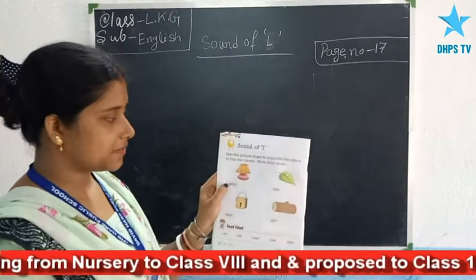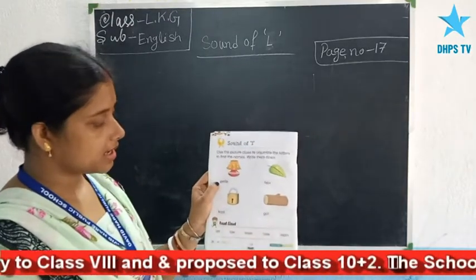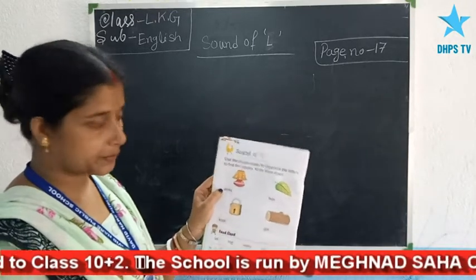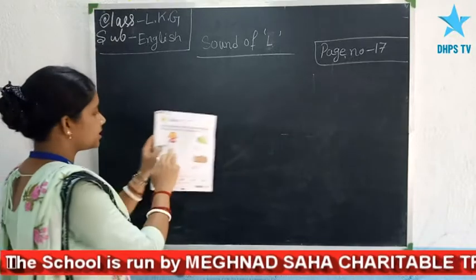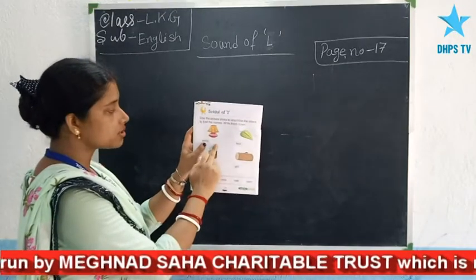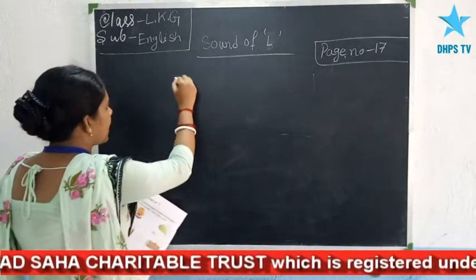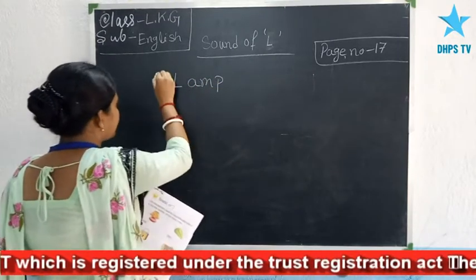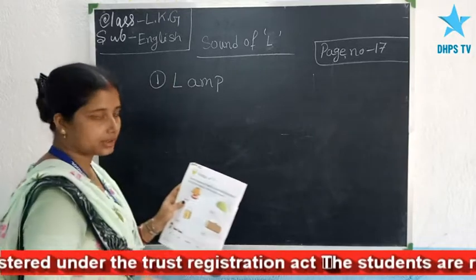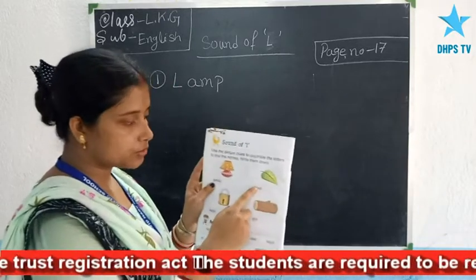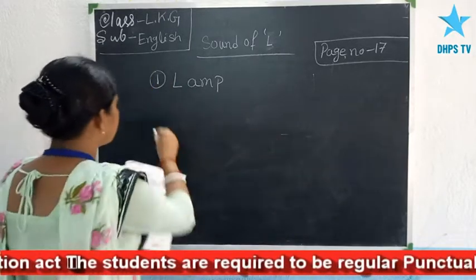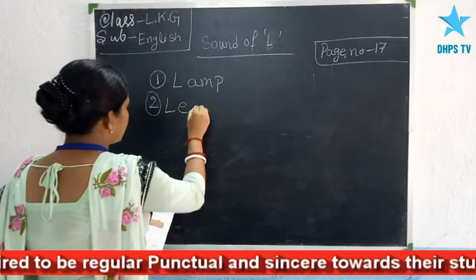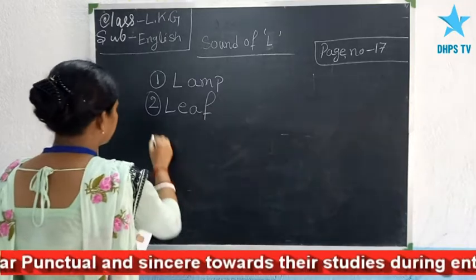In the first picture, see in your book, the first picture is of a lamp, and you have to write in the box the correct spelling, and the correct spelling is L-A-M-P, lamp, number 1. And then number 2, leaf, L-E-A-F, leaf.